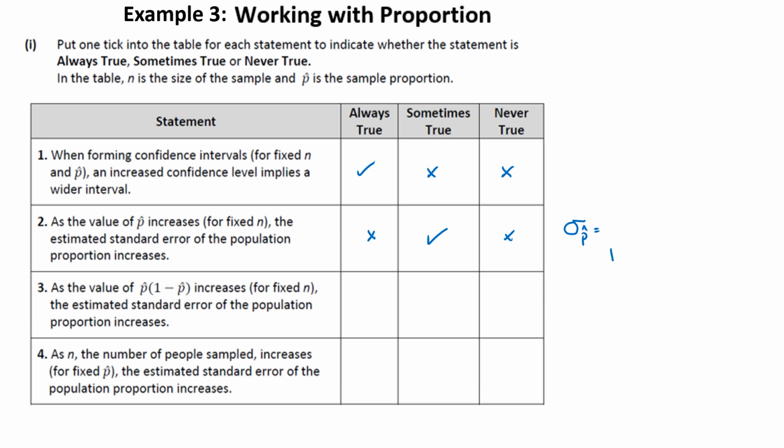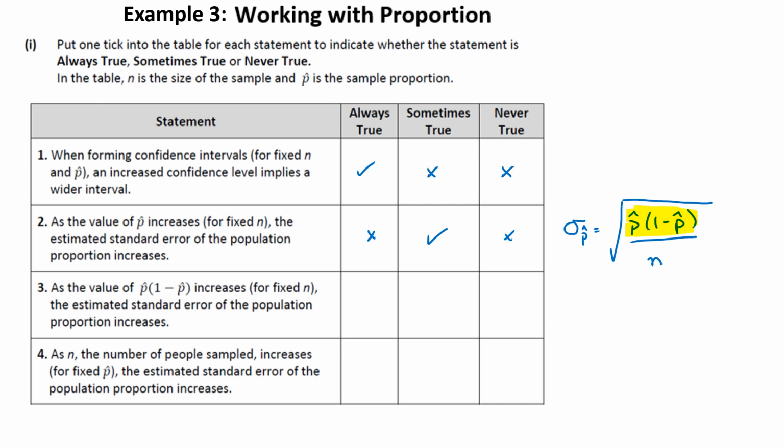So what we use in our formula is p hat bracket 1 minus p hat. And the reason this is only sometimes true is because we're multiplying this p hat by 1 minus p hat. So as one goes up, the other one effectively goes down. So that sometimes will be true and sometimes will be false depending. And we're going to do a little bit of work on that top line to really understand that in the next part of the question.